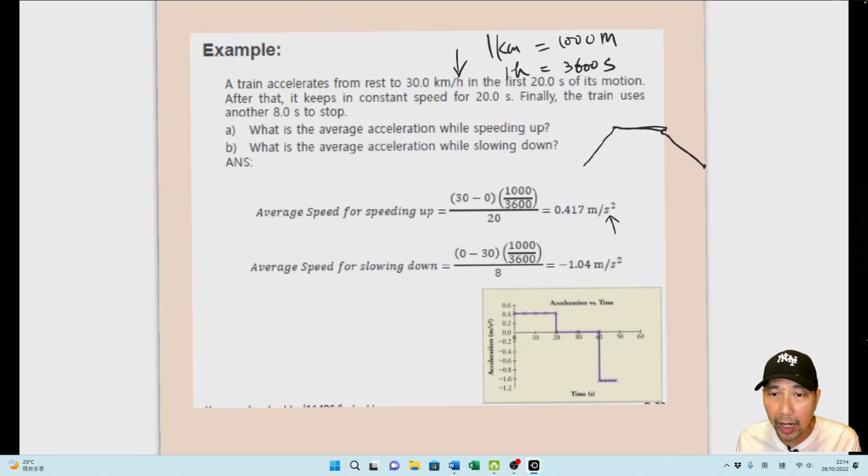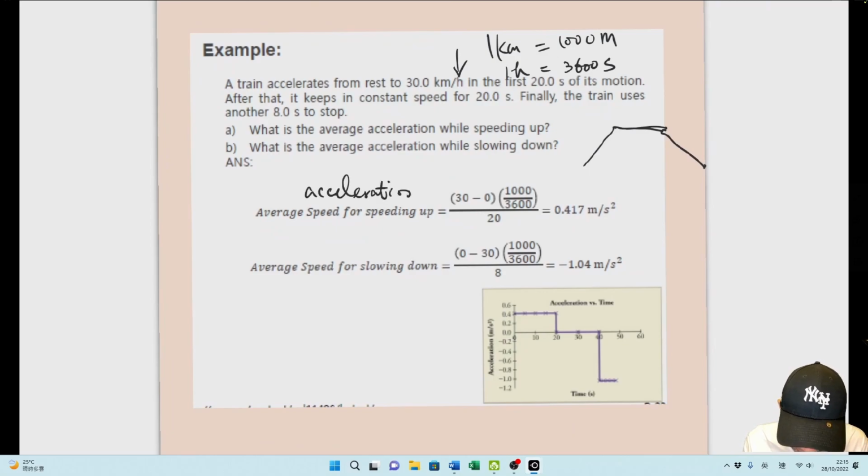So we times 1000 to change from km to meters, and change the hour to 3600 seconds. So the answer is this one. Let's see the average speed for speeding up. Actually, it means the acceleration. They are the same thing.